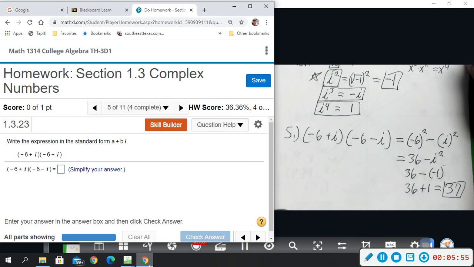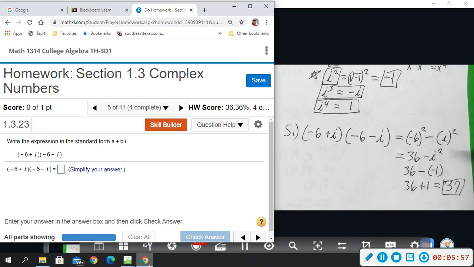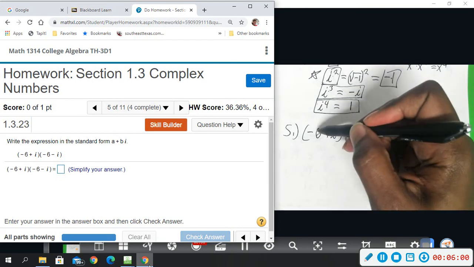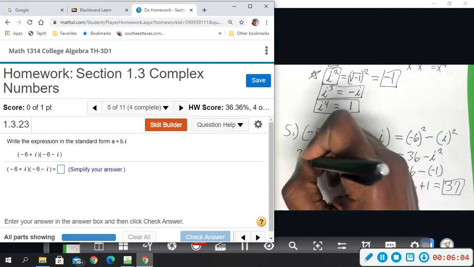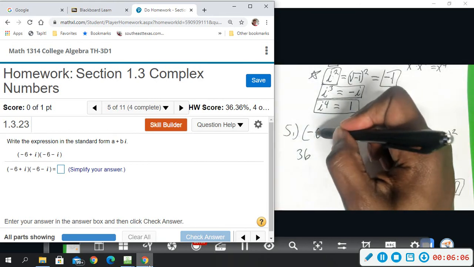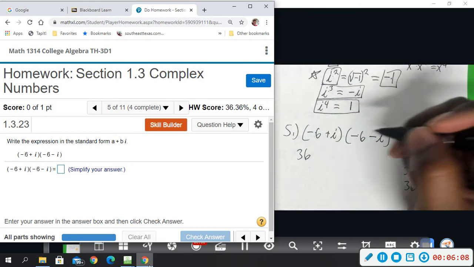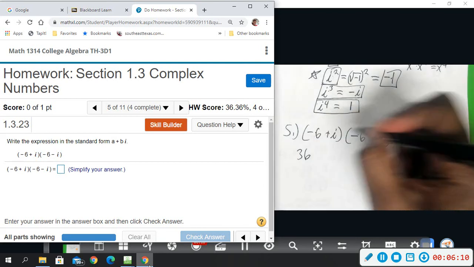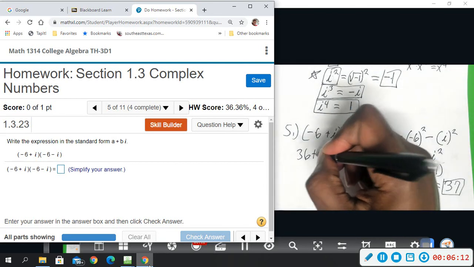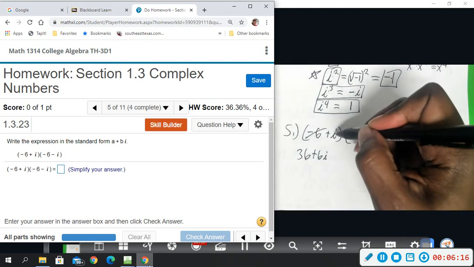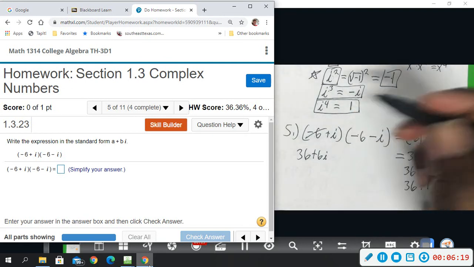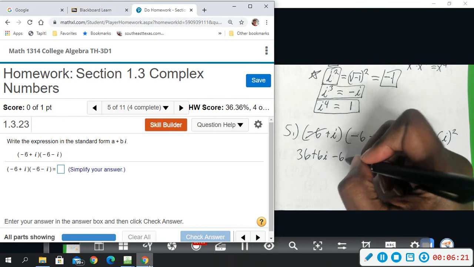And just for the sake of showing, let me FOIL it out just so you see we get the same thing. 6 times 6, or negative 6 times negative 6 gives me 36. Negative 6 times negative I gives me a positive, because negative times a negative is a positive. So I get positive 6I. Done with that guy. I times negative 6 minus 6I.